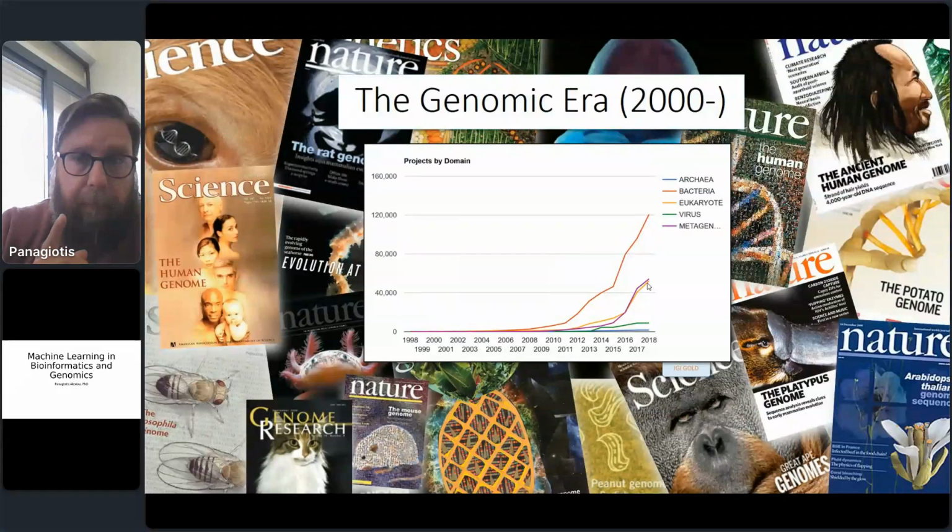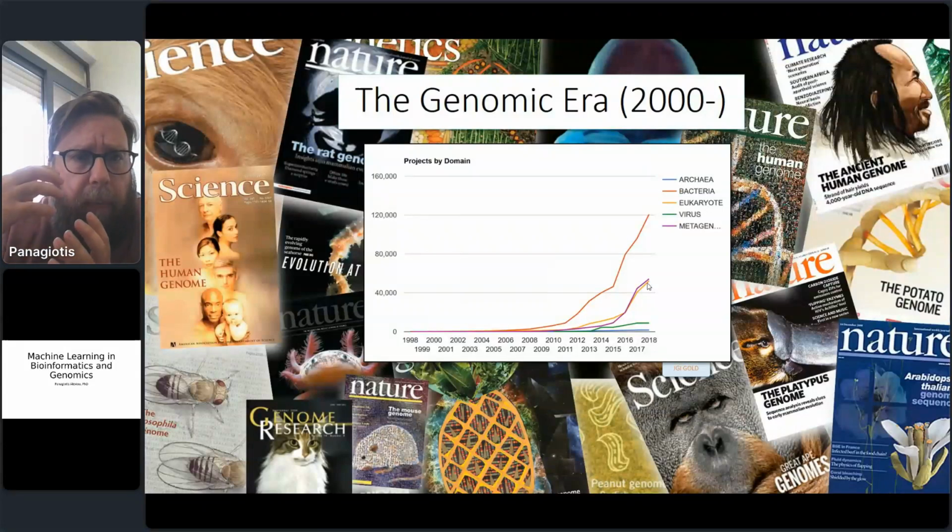The problem is, and here's where this question comes in, you can sequence a genome pretty cheaply now, and have been able to for 10 years or more. The problem is that annotating the genome is not easy. Sequencing is one thing, but then annotating it to say what part does what, which is what we're interested in in the end, is expensive.